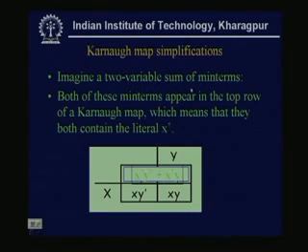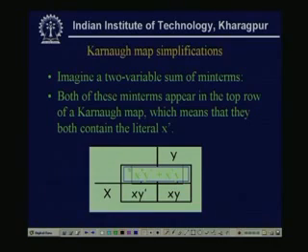Again, if we take that two variable function, the 4 minterms are x dash y dash, x dash y, x y dash and x y. Both of these minterms appear in the top position.